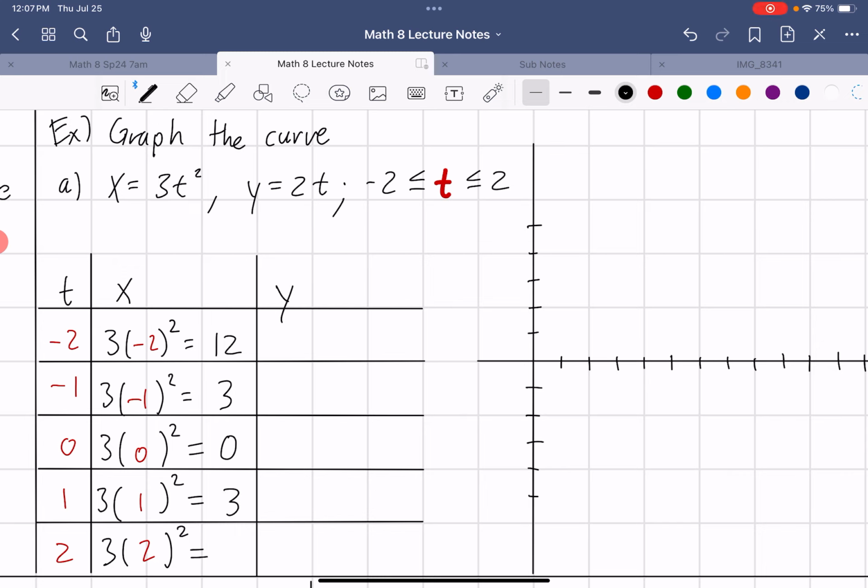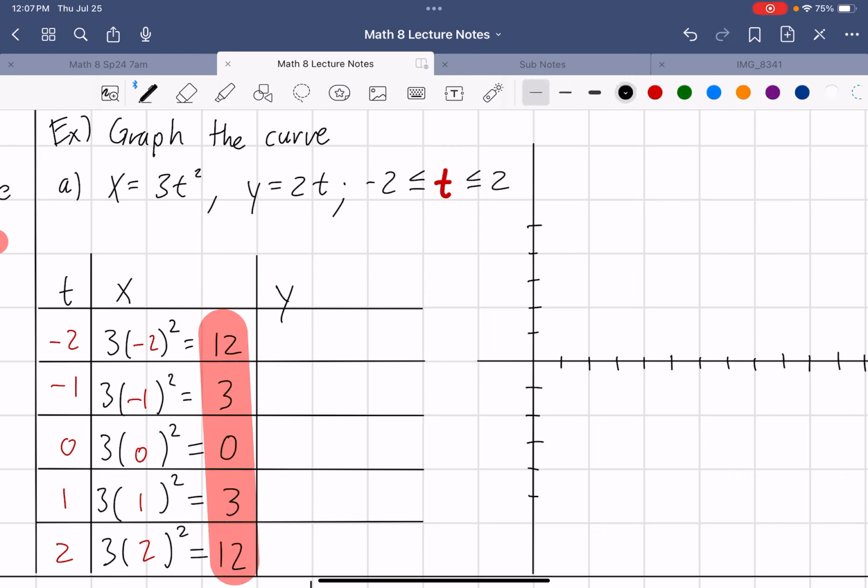And 2 squared is 4, times 3 is 12. And this is going to be our x-coordinate for our graph. Let me make that a little bigger. These are all my x-coordinates.